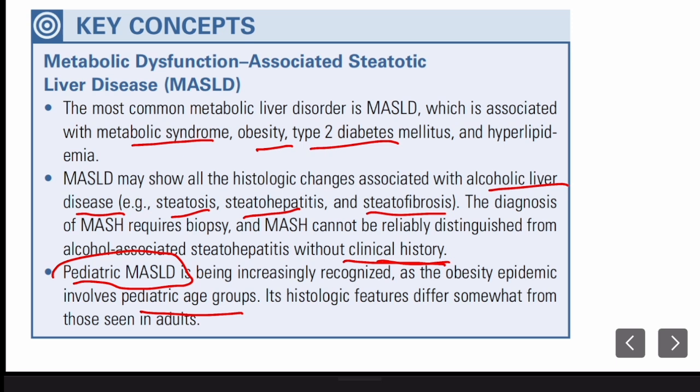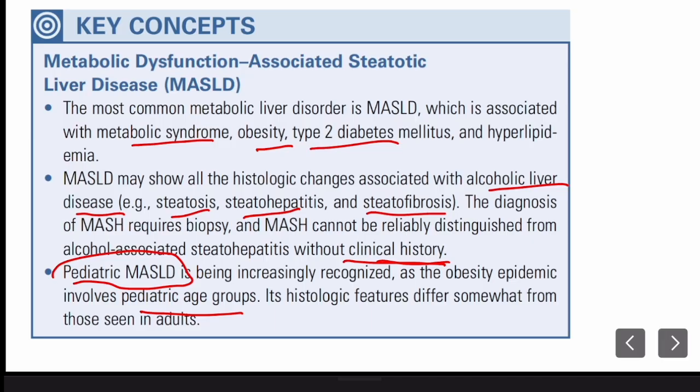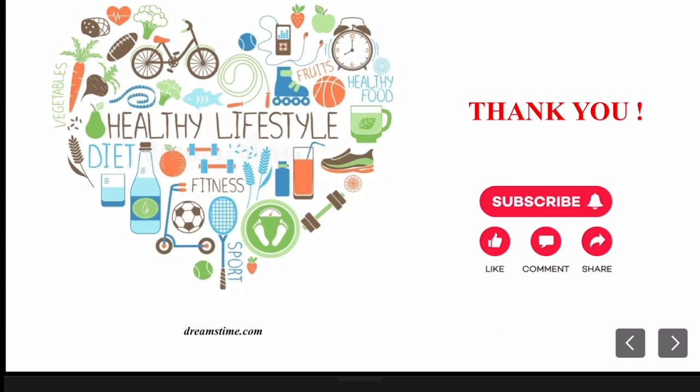All this along with weight loss, diet, and exercise will help in reverting this disease. So NAFLD is common and silent, but it is not benign. One has to take care of this disease. Basically, lifestyle changes are the most effective treatment of MASLD.